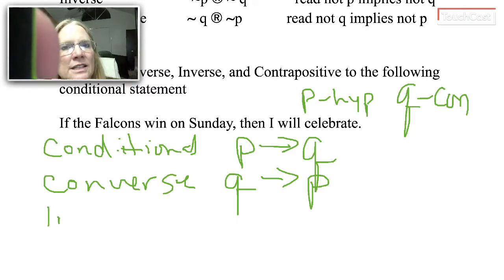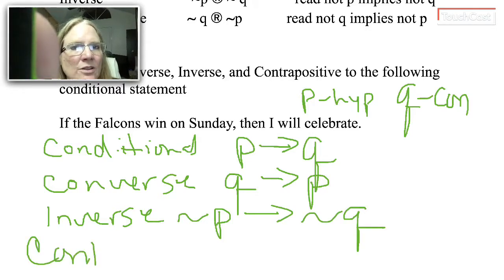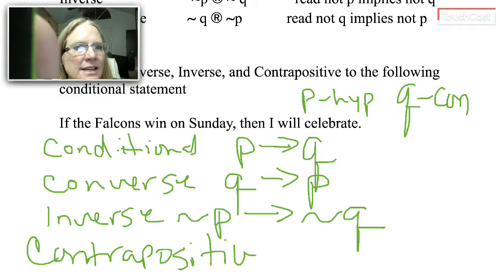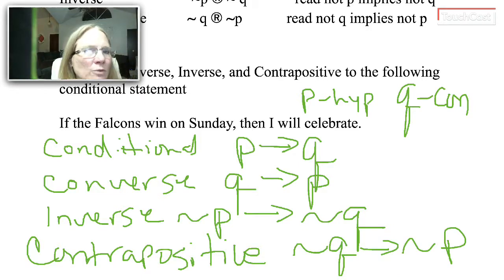Then the next one is the inverse, which negates P. So not P implies not Q. And then the last one is called the contrapositive. And that states not Q implies not P. So again, today we just want to try and write these, and then tomorrow we'll talk about truth values and we'll add a couple more things to this.